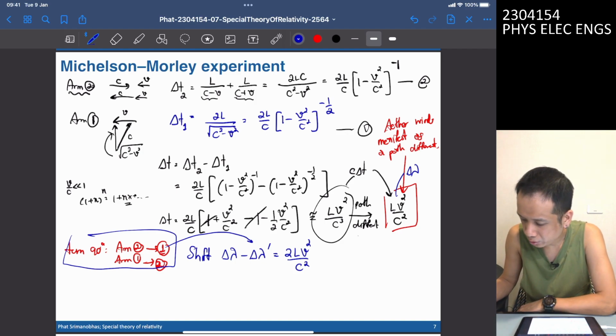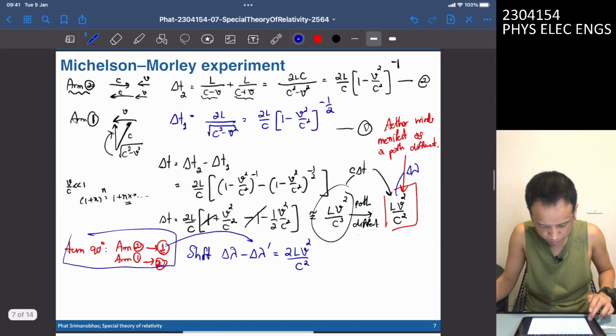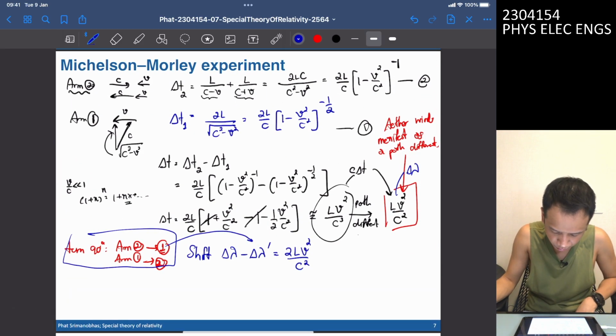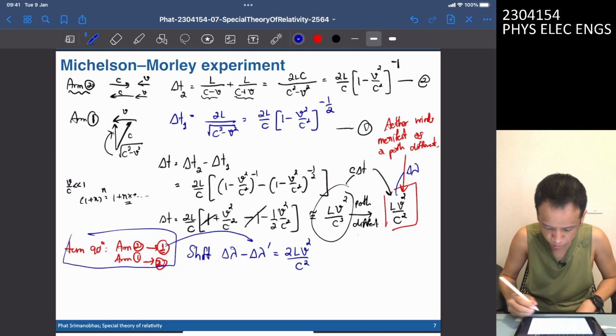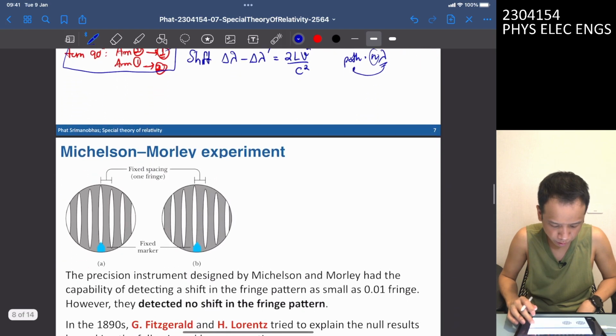Then if you would like to see the shift, you can divide by lambda. You use the path difference, d psi theta equals n lambda, right? So if you would like to find n, to see the shift, you divide this path difference by lambda. Okay, so this is what you're going to get.